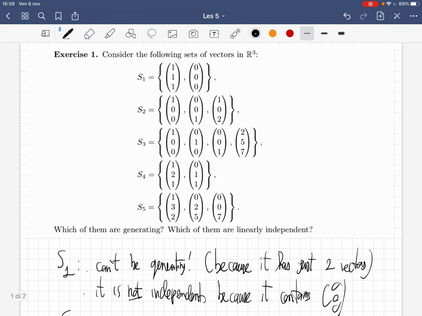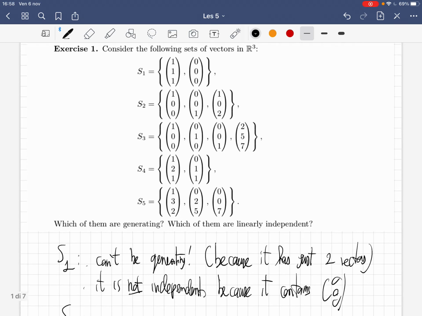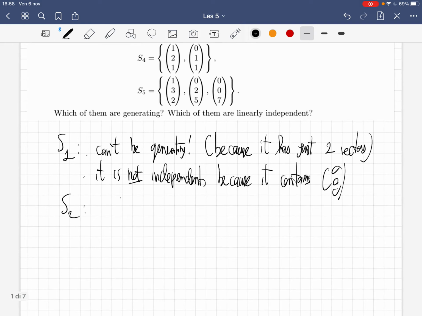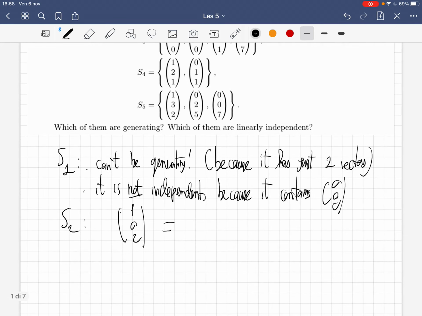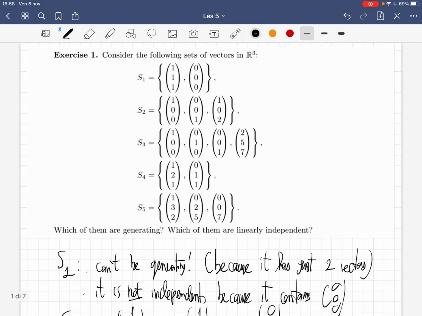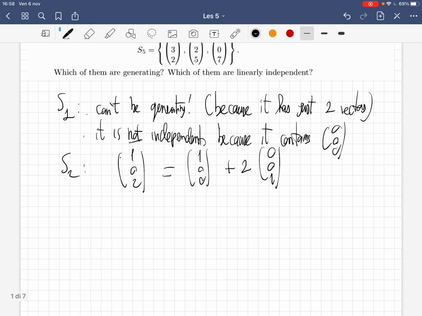And what about the second? You can see, by inspection here, that the third one is actually the first one plus 2 times the second one. So this tells that they are not independent.